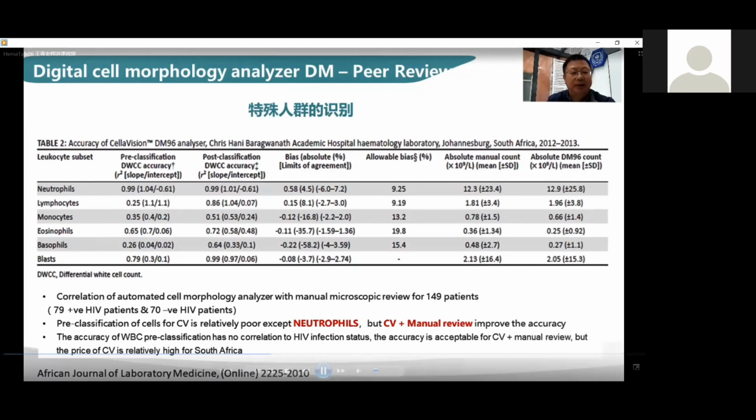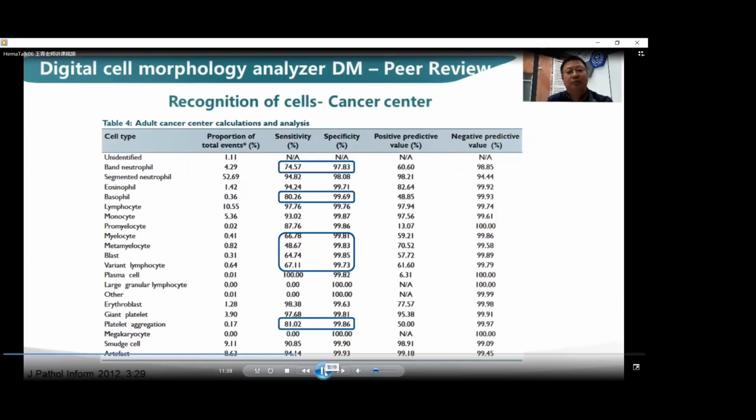The accuracy is acceptable for CV plus manual review, with the price of CV being relatively higher for South Africa. And you can also see that the rate is being greatly improved.